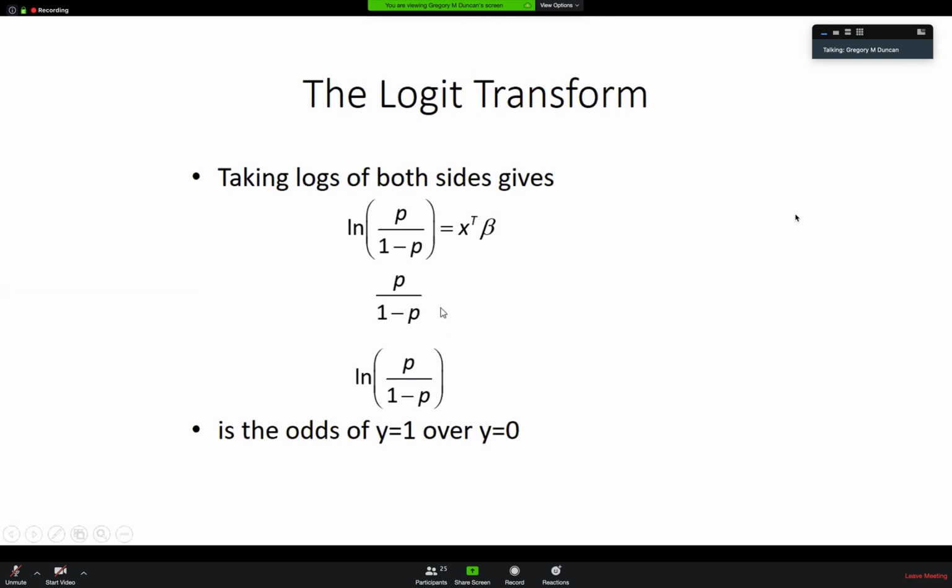So what is P divided by 1 minus P? Well, that's the odds of y equals 1 over y equals 0. So 2 to 1 odds, 3 to 1 odds. If it's 10 to 1 odds that you're going to have a 1, that's pretty likely you're going to have a 1. If it's 10 to 1 odds you're going to have a 0, it's pretty likely you're going to have a 0. If it's even odds, what does that mean? 50-50. It means that we really don't know.